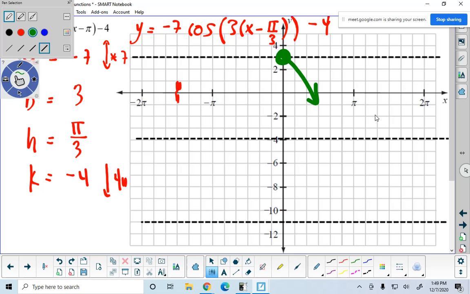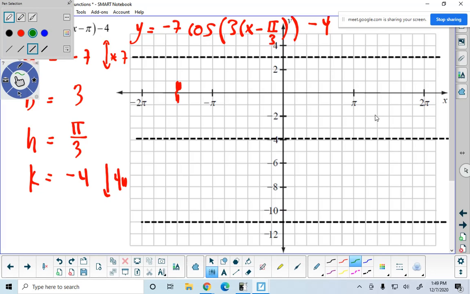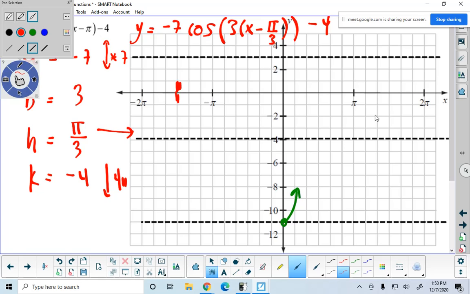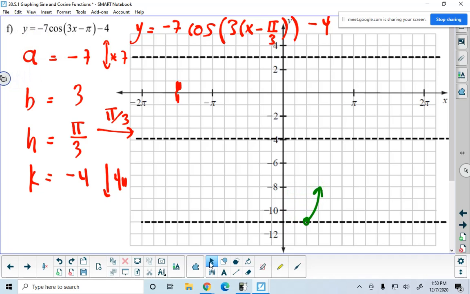But since A is negative, there is a vertical reflection, which means that the start point would normally now be at the bottom going up. Except, and this is where things get muddy, that h is pi over 3, and that means that things are shifted to the right, pi over 3, and what that means is the start point is not here going up, it's here going up.